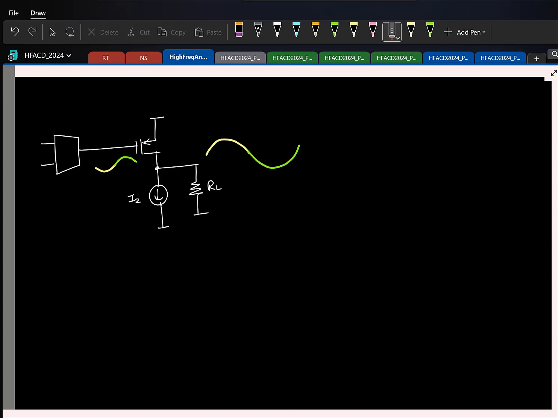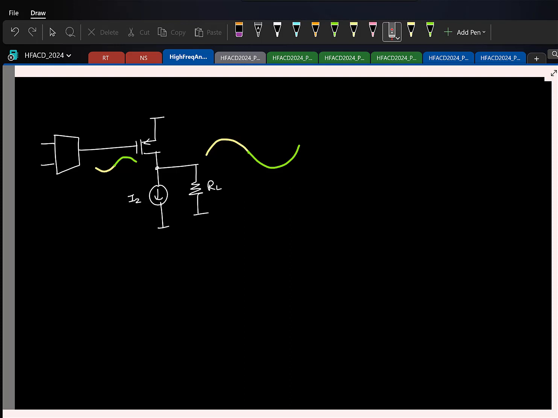Now, when the signal is going low here, which means the output is trying to go higher and higher, the gate voltage for the PMOS reduces. So what can you say about the current? That will increase. So the PMOS will push more and more current into the load resistor and it can keep increasing the output. No worries.